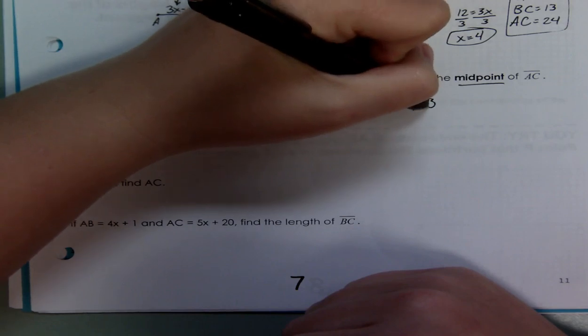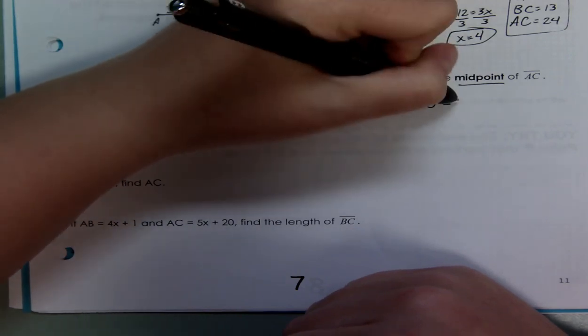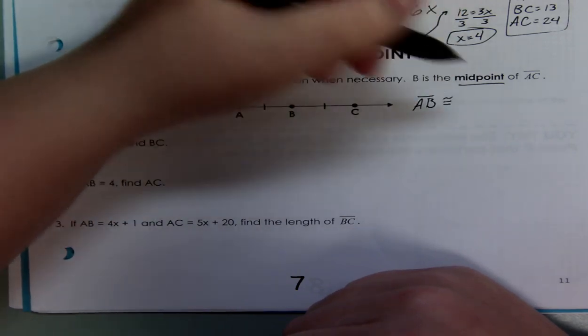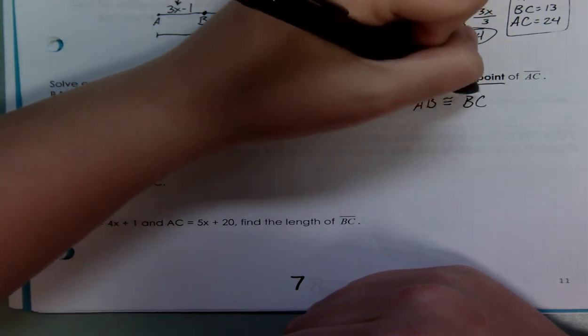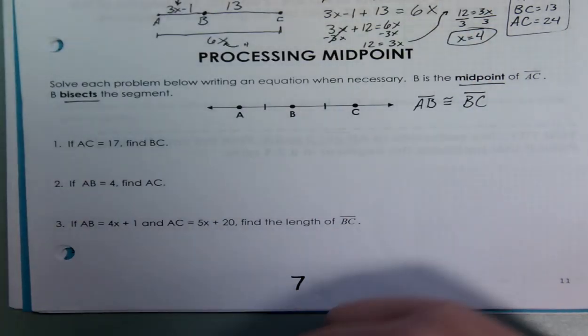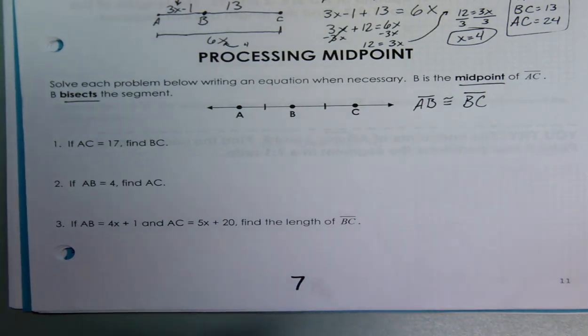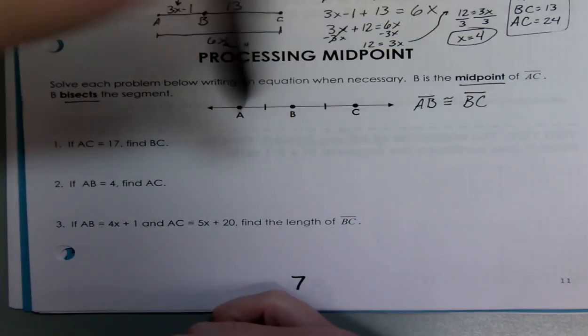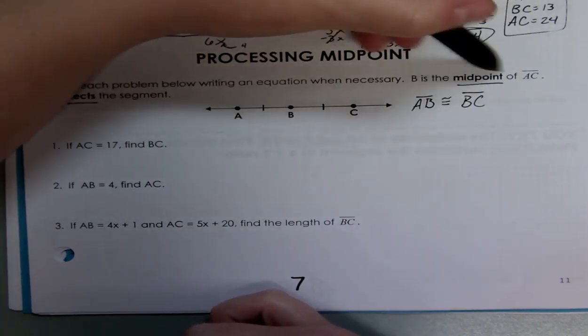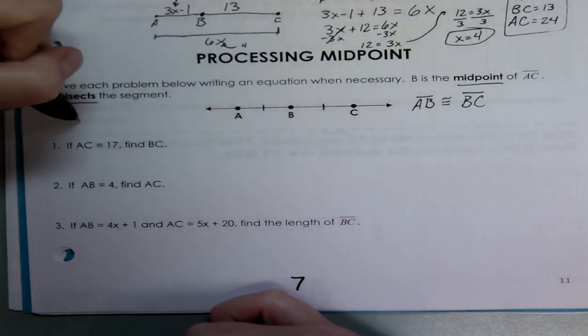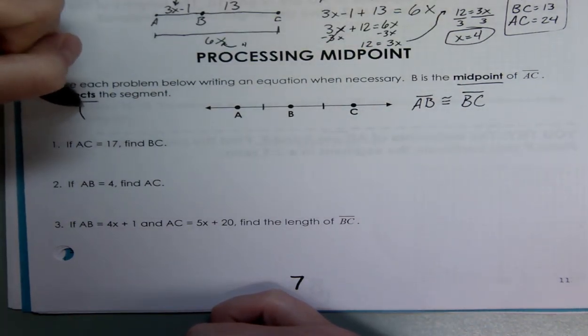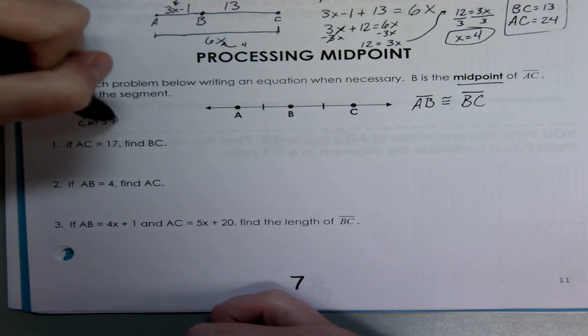So I'll write that out here, and that's the symbol for congruent. So segment AB is congruent to segment BC, which we learned how to write segments in the last section. Okay, so we're going to take this information and what we know, the fact that B is the midpoint of AC, and that B bisects the segment, which means cuts in half.